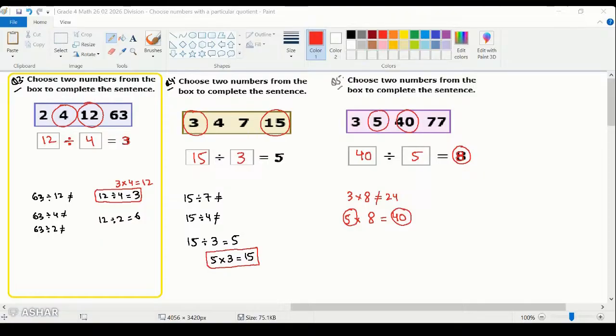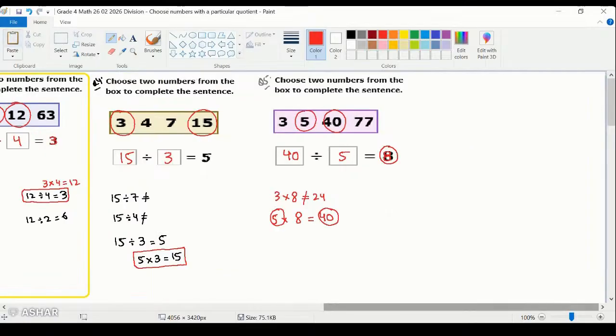Okay, let's have a look at another question. The next question says the given numbers are, just a moment.